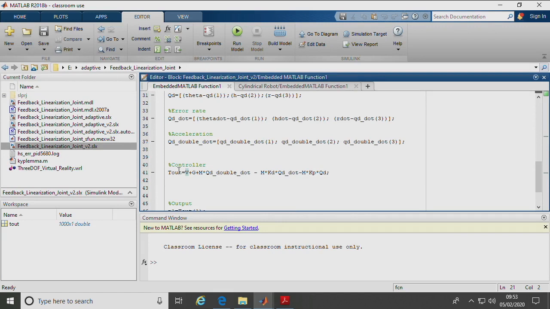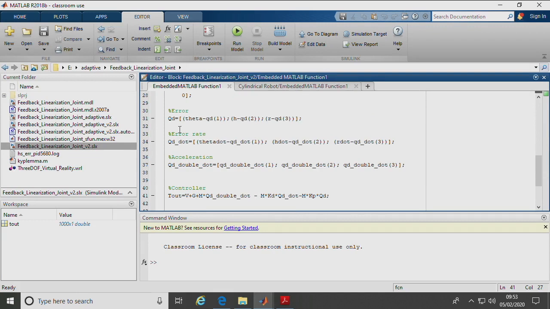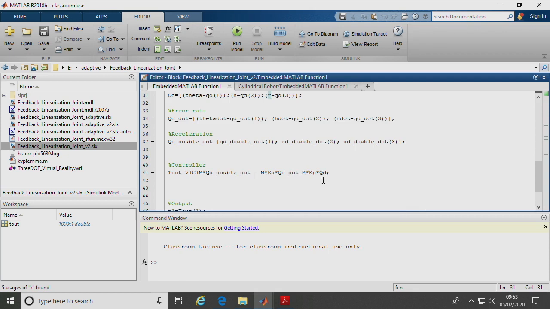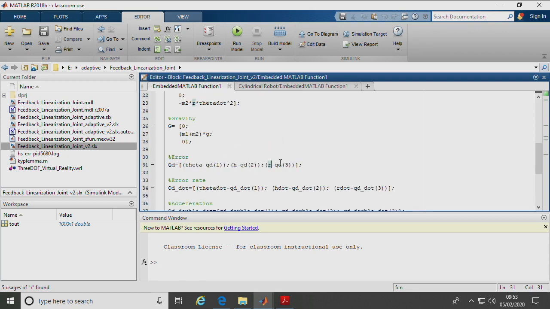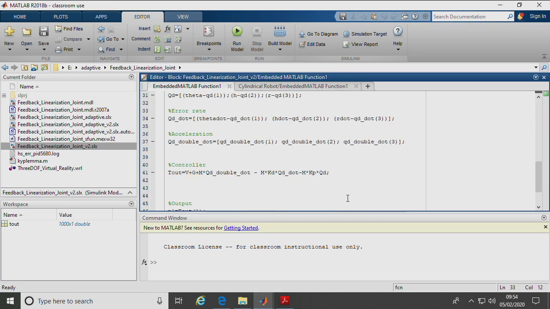So this is the output vector, which has here V, G, M times the demanded acceleration minus pretty much obviously the difference in terms of the measured values of theta, h, and r. So that's pretty much there in relation to the demanded values. There we have q d dot and so on.